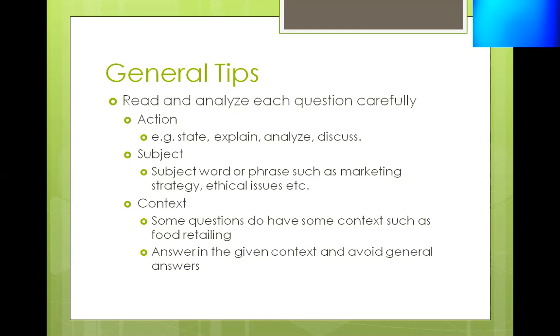This is very much applicable for your paper 2, where you are going to have some case studies, and in that context these points are very much necessary to consider before answering the questions.